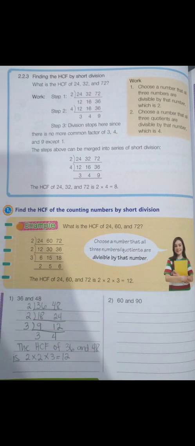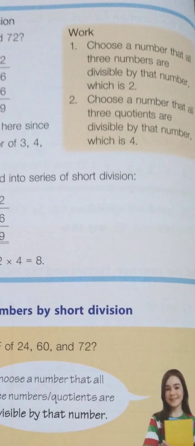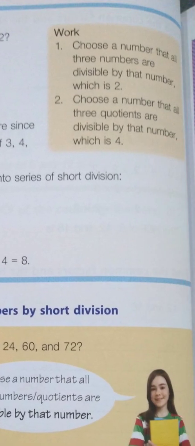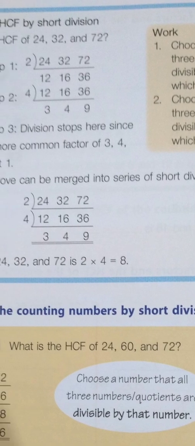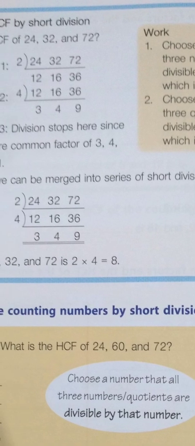Choose a number that all three numbers are divisible by, which is 2. Again, choose a number that all three numbers are divisible by. So what number divides 24, 32, and 72?